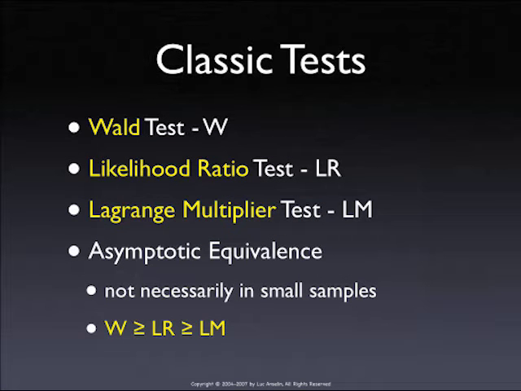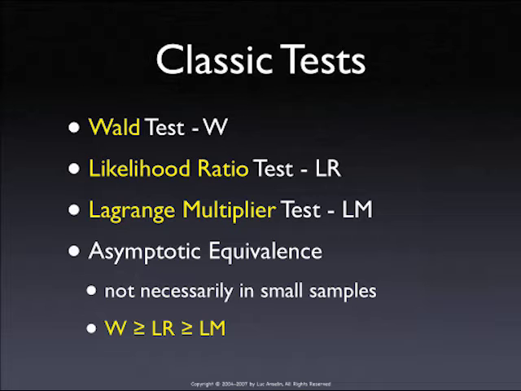So we have a Wald test, likelihood ratio test, Lagrange multiplier test. Asymptotically, they're equivalent. In small samples, in stylized situations, and I will comment on that later when we have specific applications, the order that you find in small samples is Wald test is the largest, likelihood ratio is in the middle, and Lagrange multiplier is the smallest.